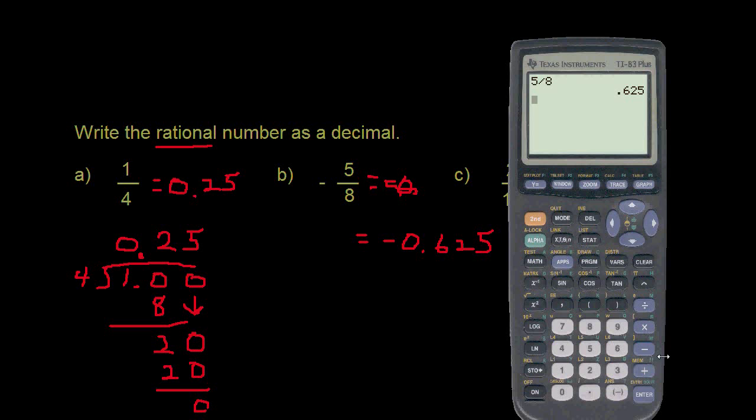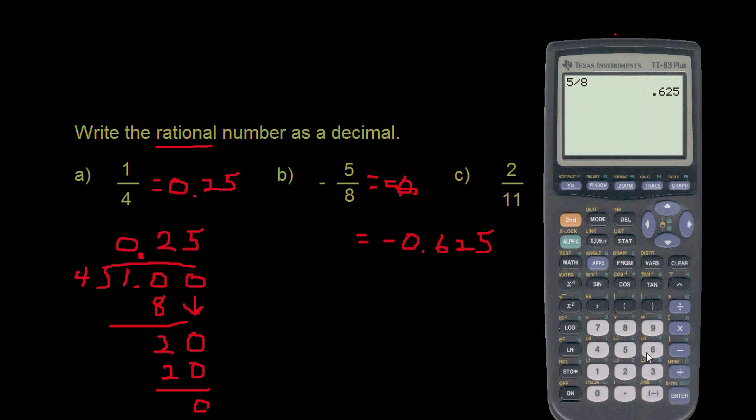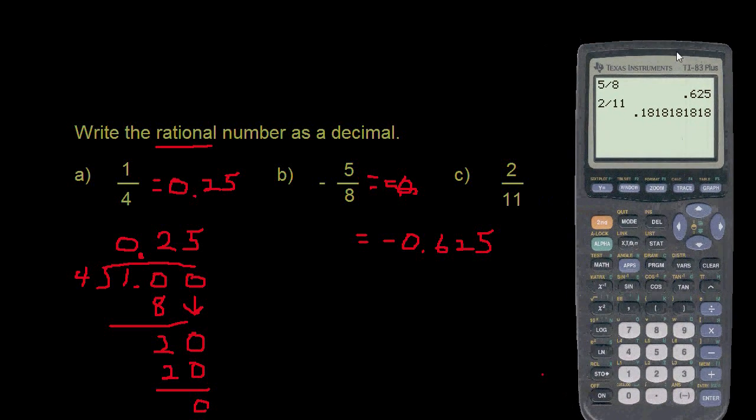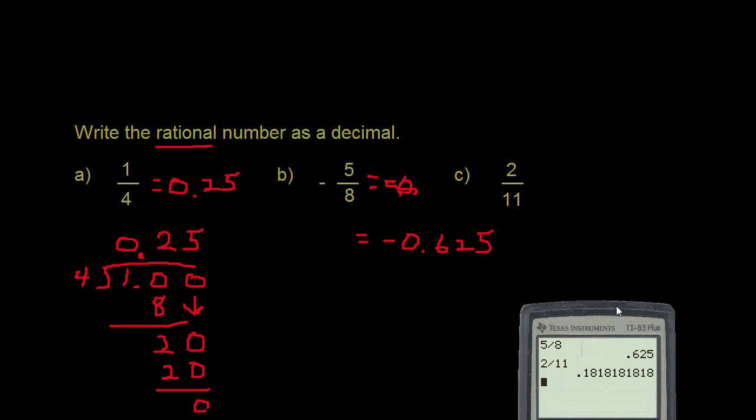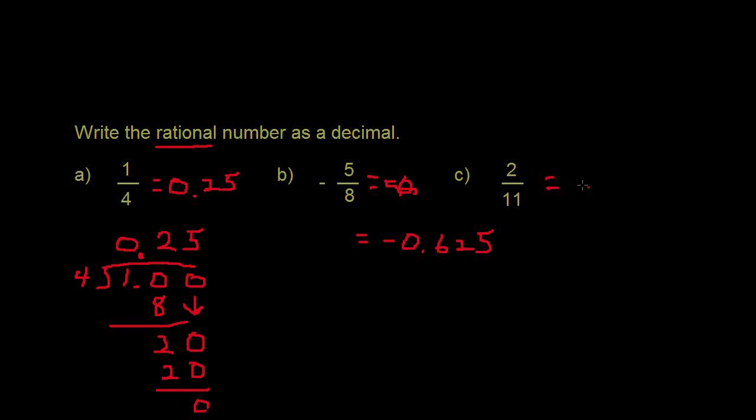And now let's do the next one, 2/11. So let's enter 2 divided by 11, hit enter, and this is 0.181818. Notice that the 18 keeps repeating. How we can show this is to write 0.18 and put a bar above the 18, which shows that it keeps repeating.